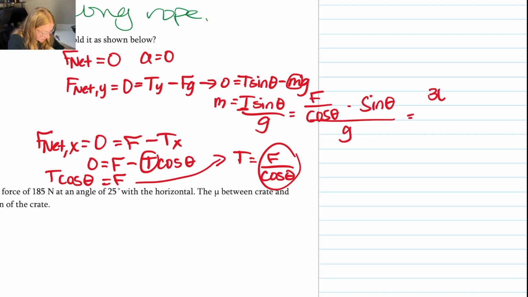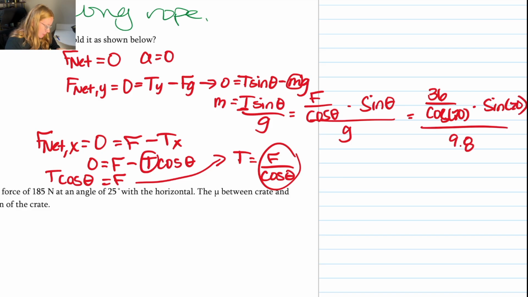So F was 36 divided by cosine of 70 times sine of 70 divided by 9.8. Which really I should have probably put the cosine 70 on bottom, just to make it look neater.